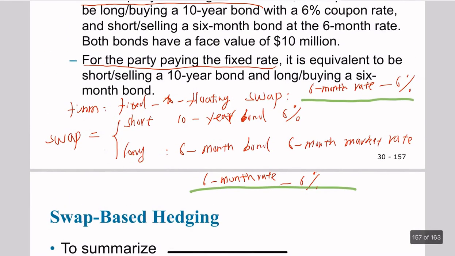So to make this argument, you just need to find out what is the cash flow from the swap and the cash flow from these bond positions. And you will find out that they have the same cash flows. So you will be able to understand the equivalence argument here.